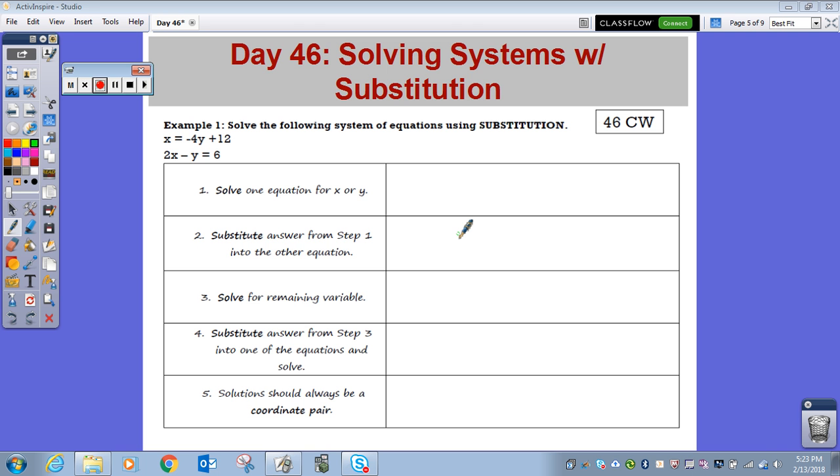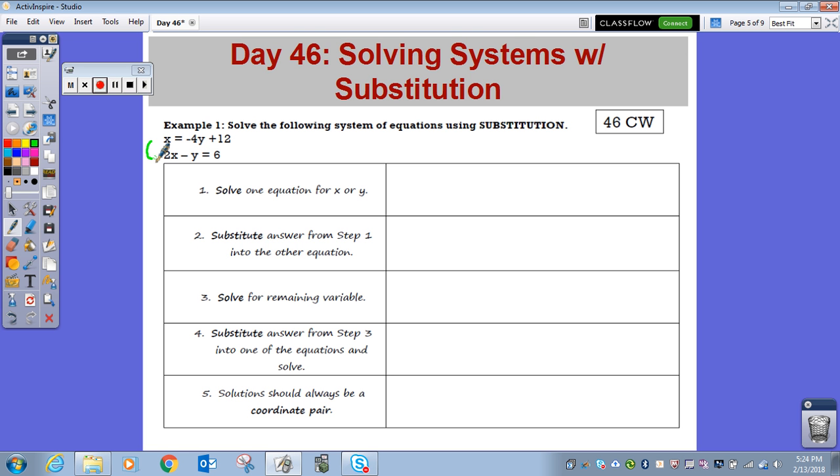So in your chart at the top of your notes, you can see that there are two equations. We have x equals negative 4y plus 12, and 2x minus y equals 6. With substitution, we start by solving for either x or y.